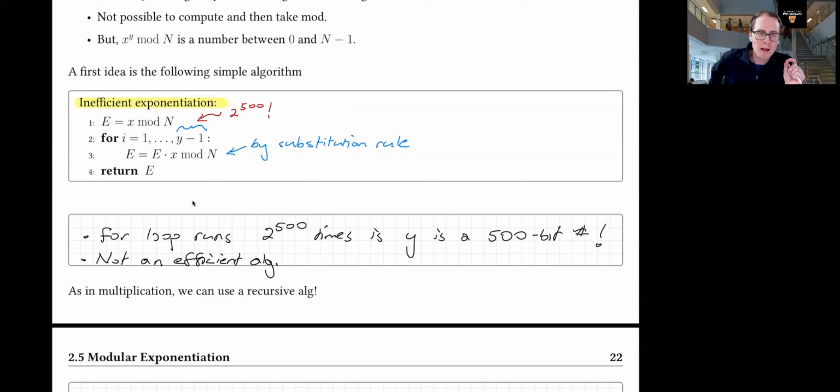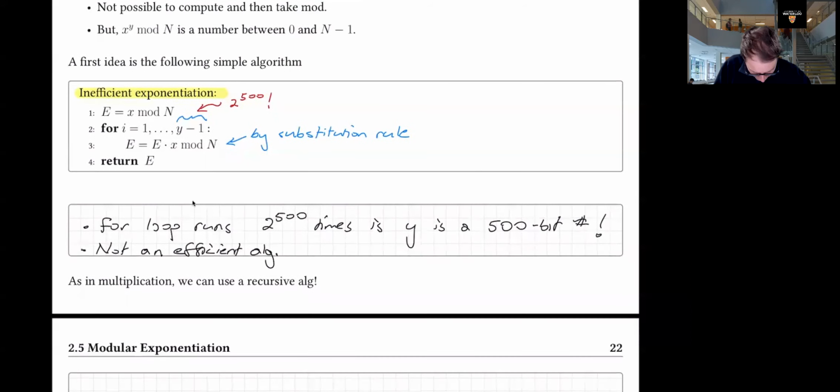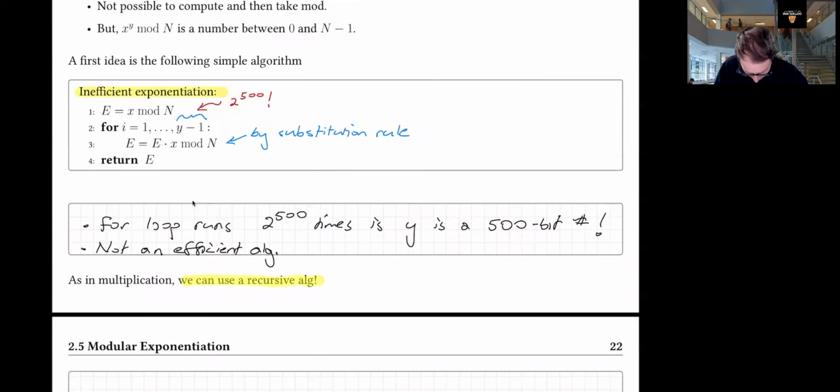But the idea isn't bad here, and there's a better way to do it. Roughly speaking, we can use instead a recursive algorithm. What we'd like to do roughly is to get up to, let's say y was a perfect square, like y was 64 or something like that.